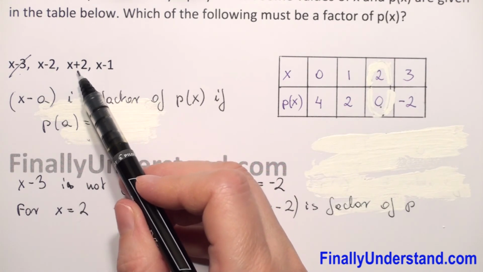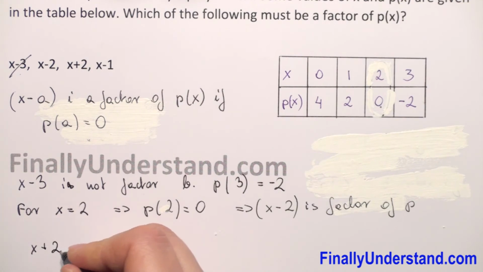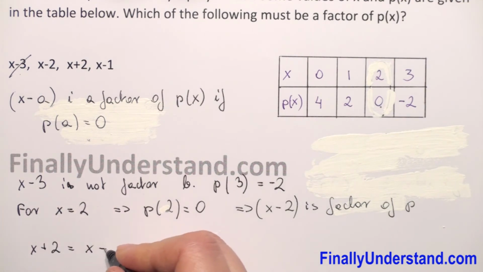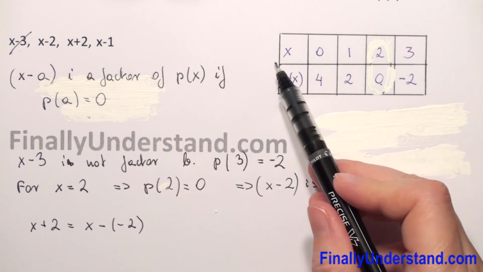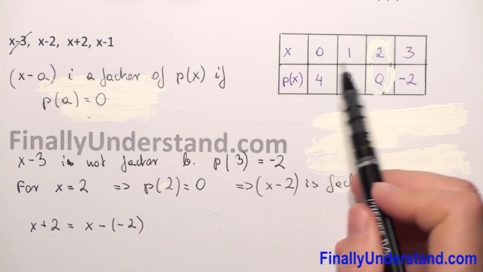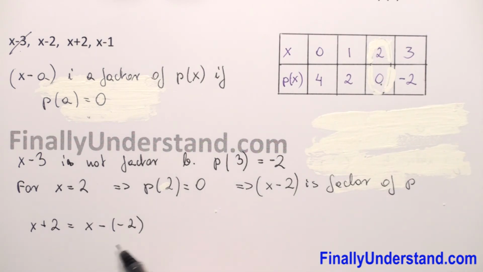So here we have x plus 2, so we can rewrite that this is x minus negative 2. So in this example, we have that a is equal negative 2. We don't have value of our polynomial for negative 2, so we cannot say anything about this expression.